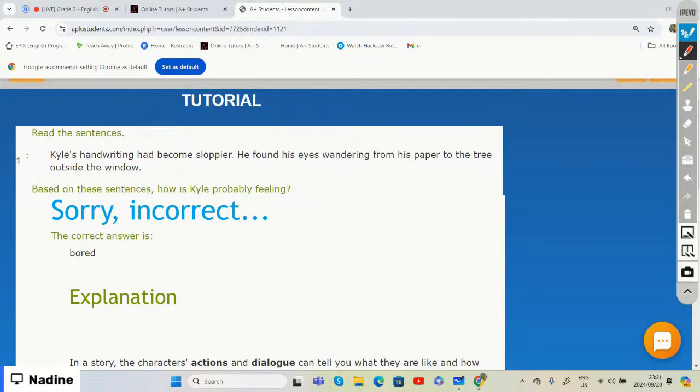This person is constantly looking outside. How can we describe the character of this person? Handwriting is more sloppy. What does that mean?